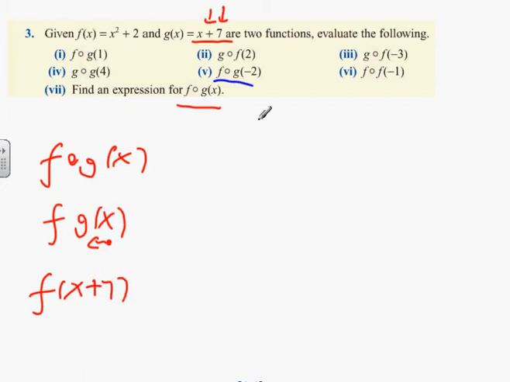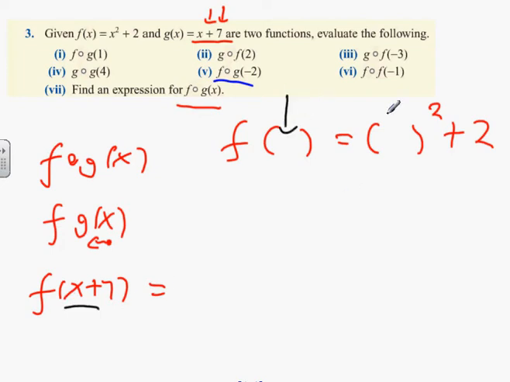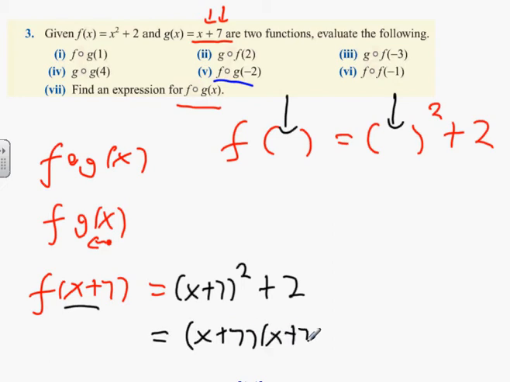Now what's the rule for f again? Whatever it is, square it and add on 2. What is it? It's x plus 7 this time. X plus 7 is in here, therefore x plus 7 has to go in there. It has to be the same thing. So it's going to be x plus 7 squared plus 2, which is going to get me x plus 7 multiplied by x plus 7, plus 2.